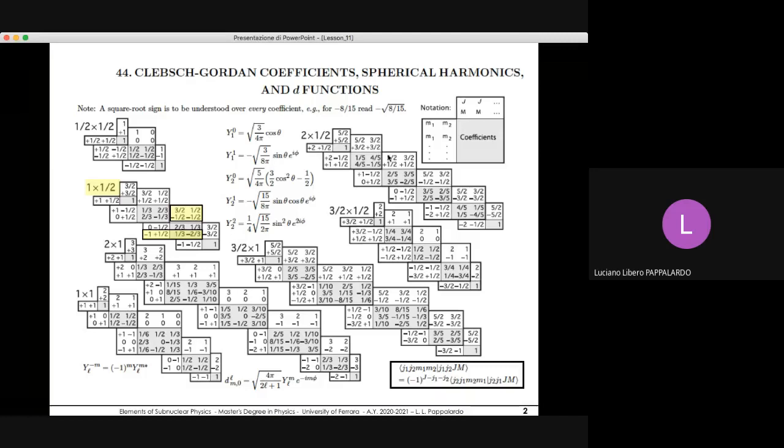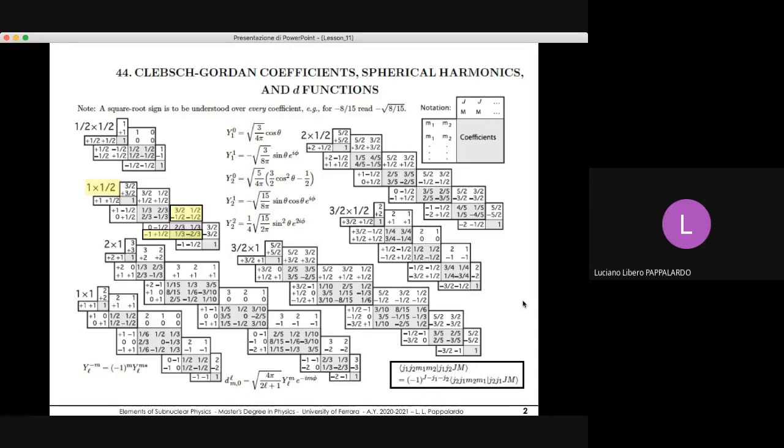For different systems, of course, you have to pick up your table from this slide here, that you find in any textbook. Any questions?